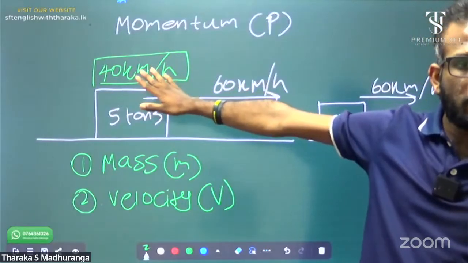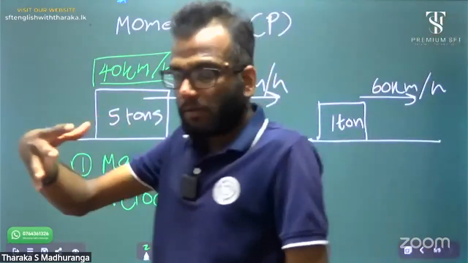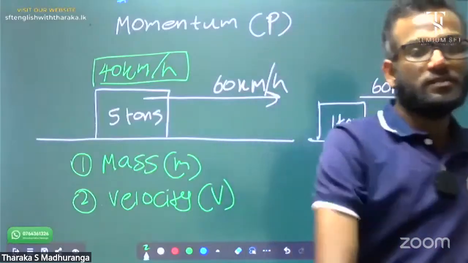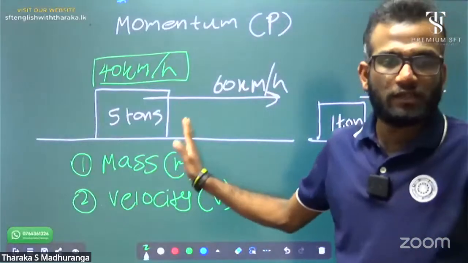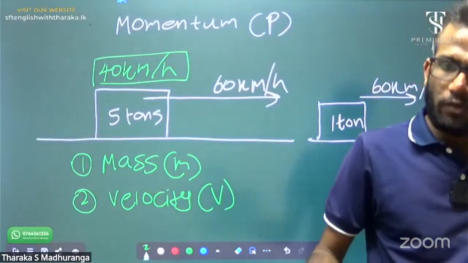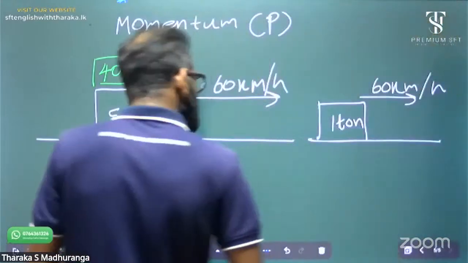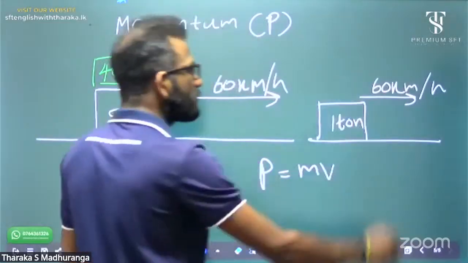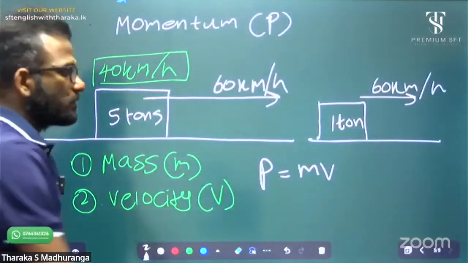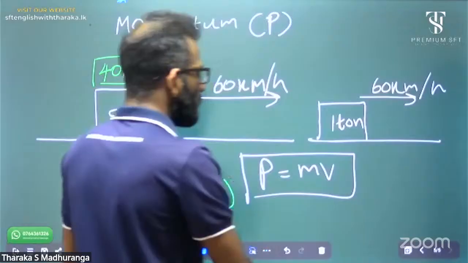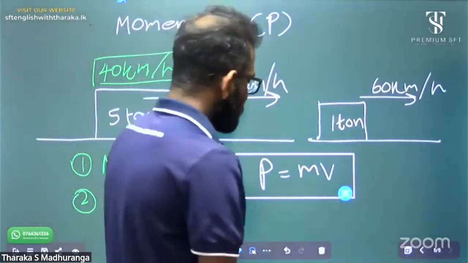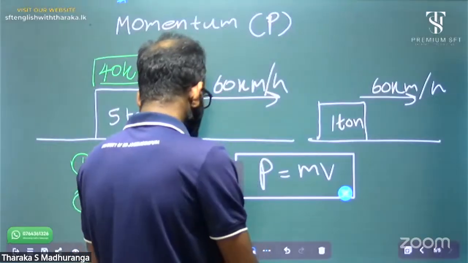I got the point. If a heavy vehicle goes fast, its momentum is greater because both velocity and mass are increasing. Then what is the equation for momentum? P equals mv, mass into velocity. Then the question asks for the unit.